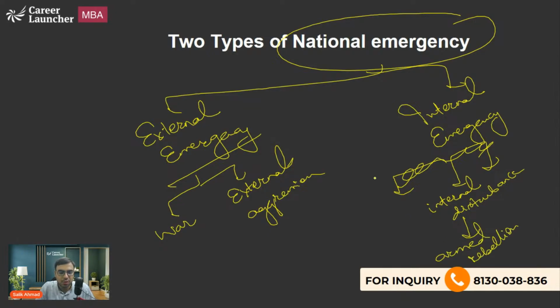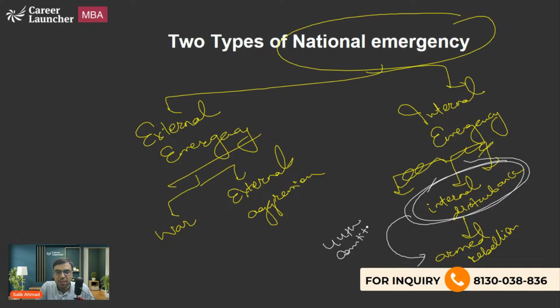It is said that Srimati Indira Gandhi ji misused this provision of internal disturbance, because it is quite vague, to impose national emergency on 25th June 1975. That is why this term was later changed to armed rebellion by the 44th Constitutional Amendment 1978, when the Janata Party government came to power.